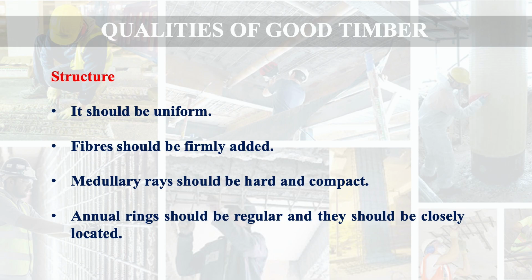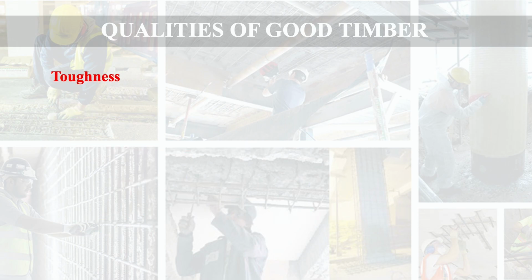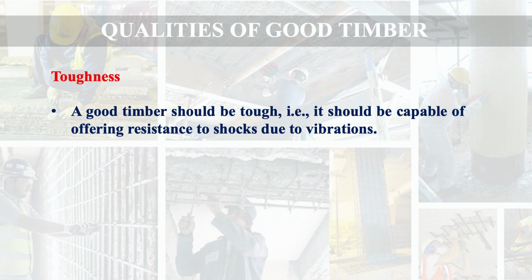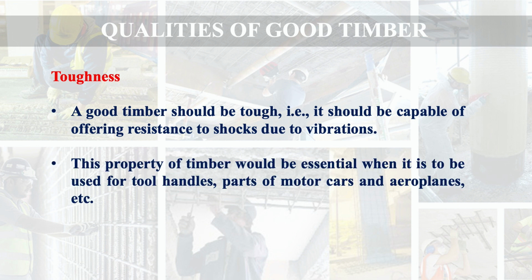Then another property is toughness. A good timber should be tough, means it should be capable of offering resistance to shocks due to vibrations. This property of timber would be essential when it is to be used for tool handles, parts of motor cars and aeroplanes.